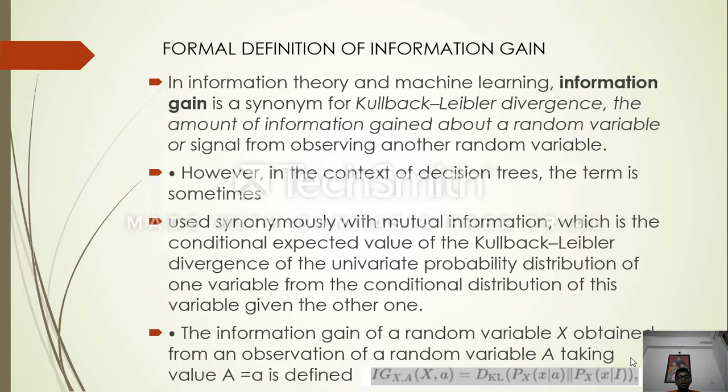These are all just for understanding. Basically, the formal mathematical definition of information gain is also called Kullback-Leibler divergence. That is the amount of information gained about a random variable or signal from observing another random variable, same as our attributes and class types. However, in the context of decision trees, the term is sometimes used synonymously with mutual information.